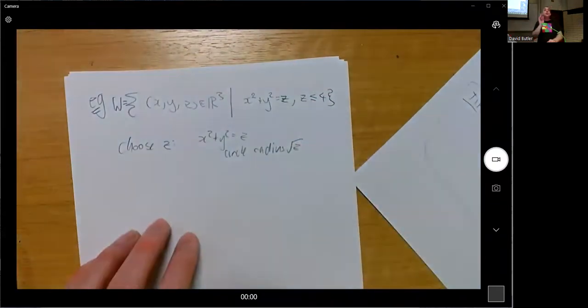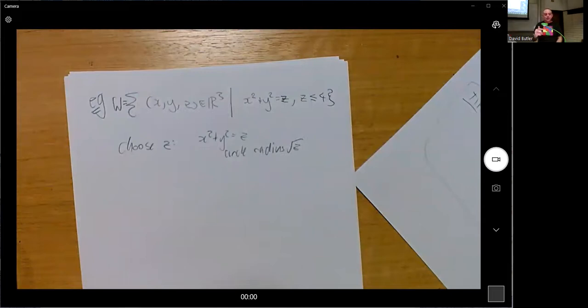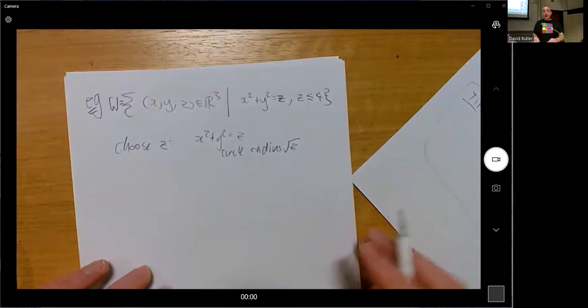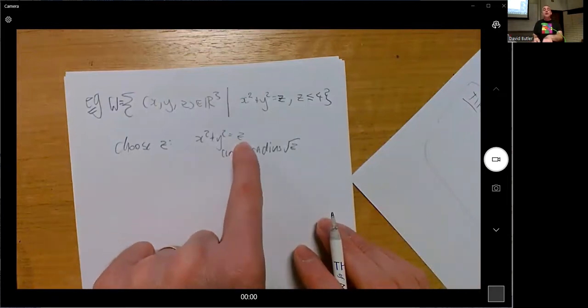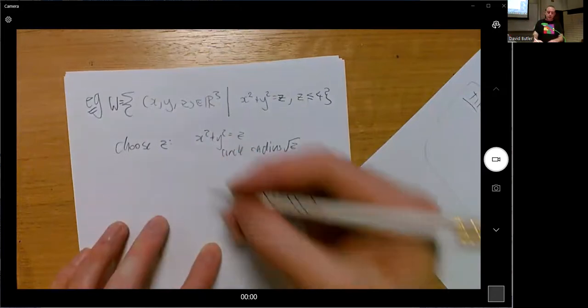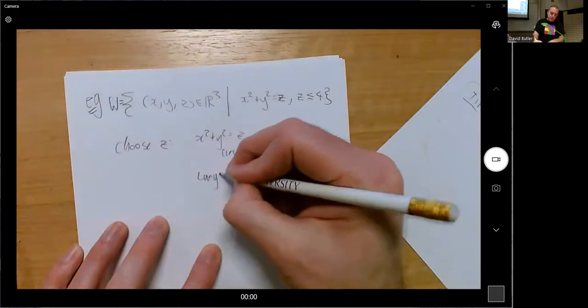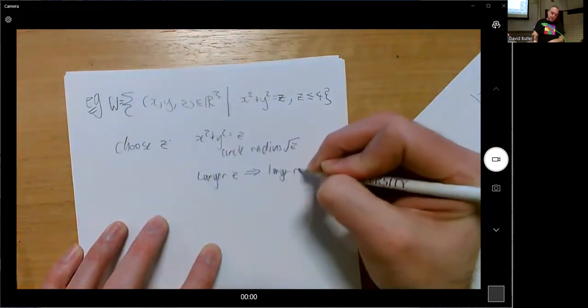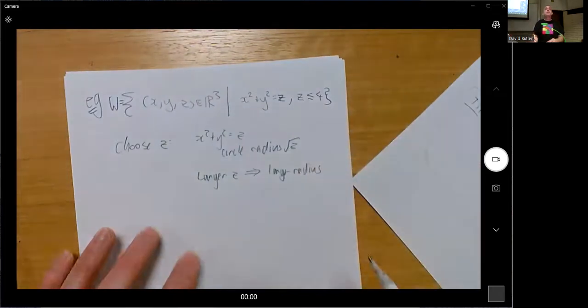Definitely true. Good spotting. So at every height, when I choose a value of z, there is a circle there. And the other thing I know is that as z gets bigger, the radius gets bigger as well, which is what's making me think it might be a cone. So larger z, larger radius.